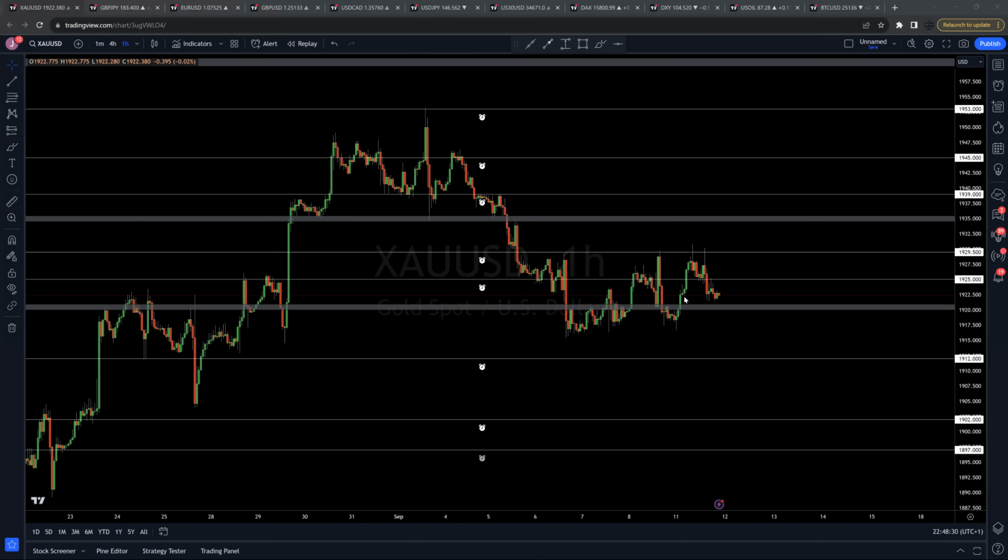Now, from about 1920 to 1928 is a no trade zone. But if we break above 1930s, I would see short-term buys into the 1945s before starting to jump back into our higher time frame sell side bias on gold.